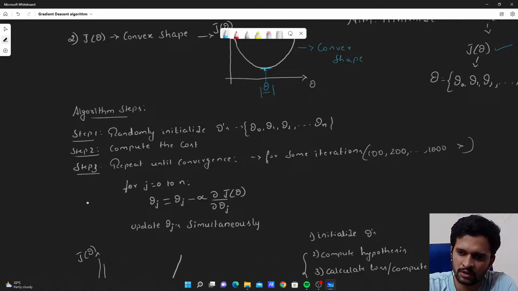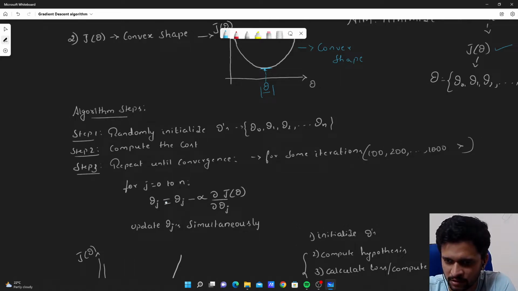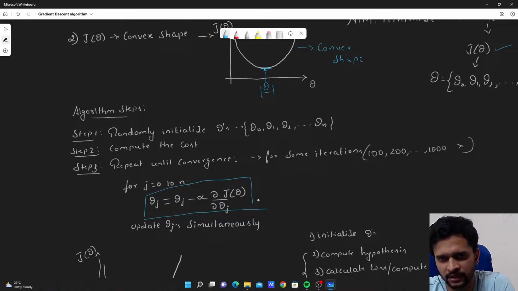Once we have the cost, for all the thetas that we have, we will update those thetas using this formula. You can see for all thetas, j from 0 to n, theta j is equal to theta j minus alpha into d by d theta j of J theta. There is no need to panic by looking at this equation. This is a simple equation. I will explain it and you will be able to understand it clearly.